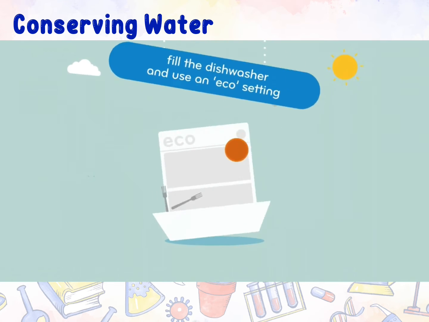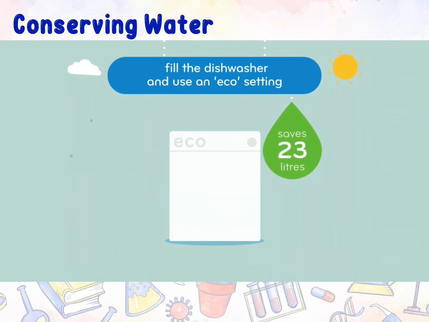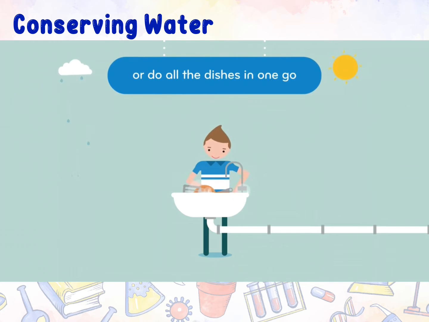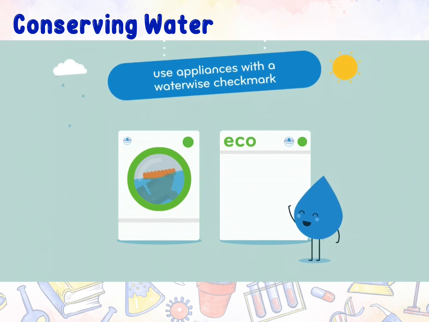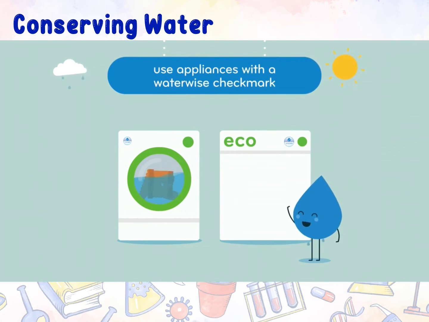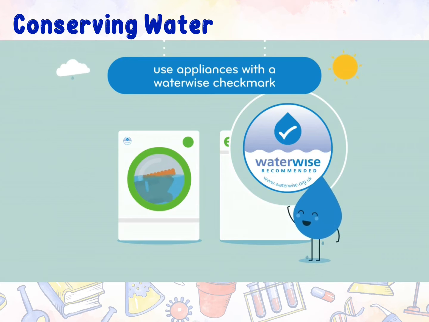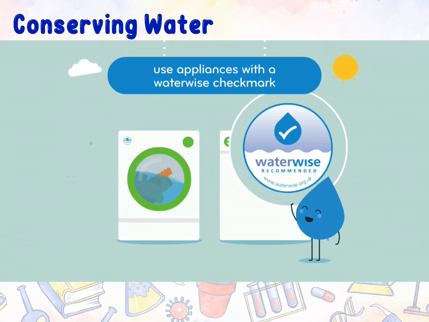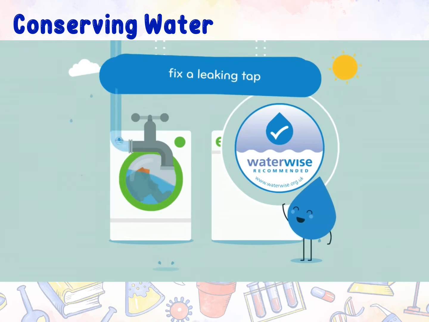There is a tendency to lose water. Fill the dishwasher and use an eco setting, or do all the dishes in one go, which will save you water. And use things which have a water wise check mark, or things which will help you to save water. So you will not waste much water.